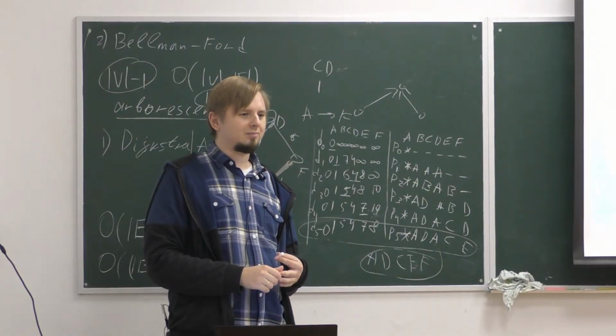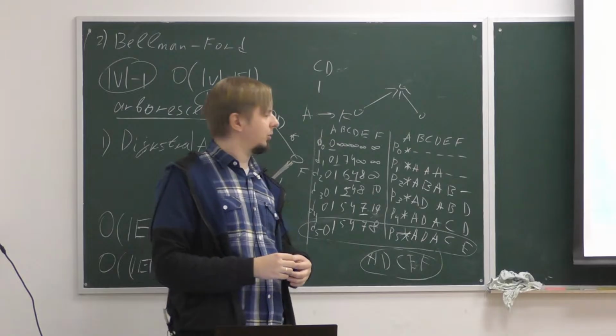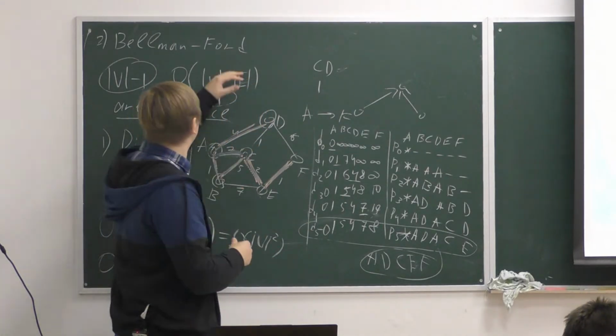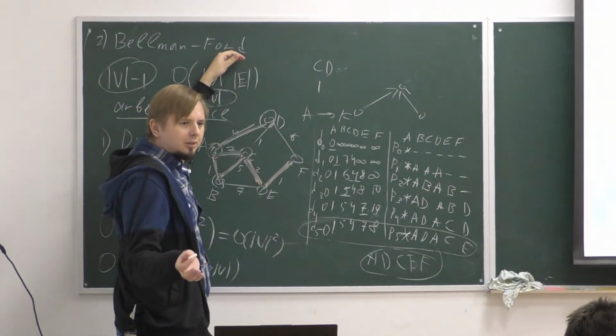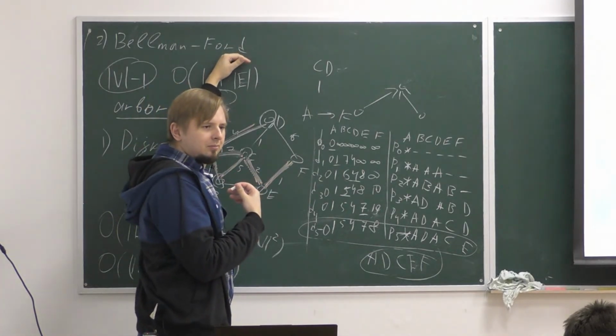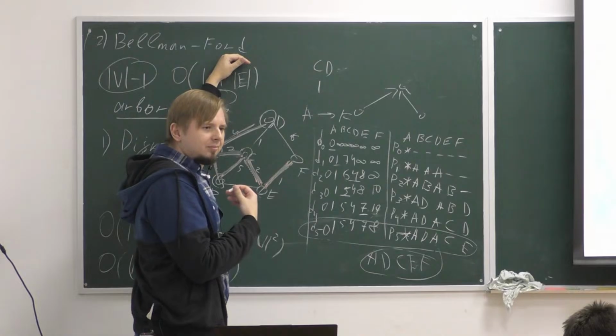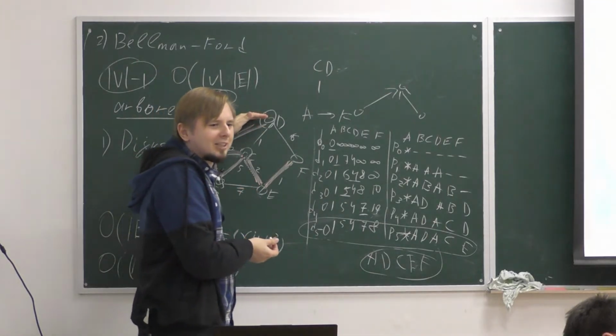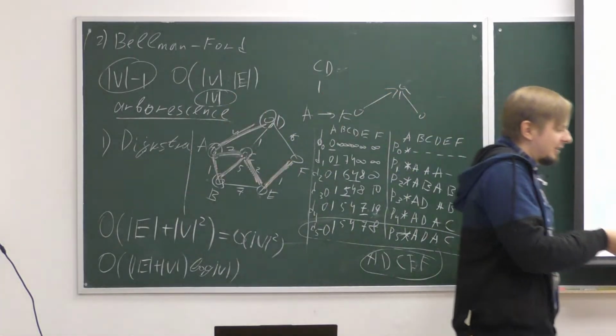Dijkstra's algorithm is only for positive weights, and Bellman-Ford is for any graph. Surely, because if you have a negative cycle, you should have negative weights.